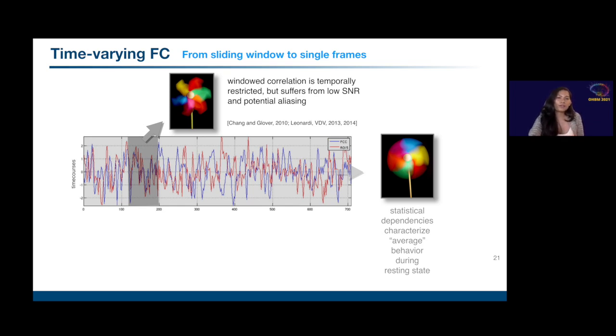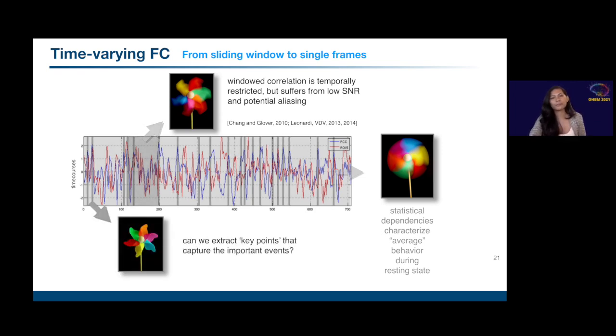However, this also suffers from low signal-to-noise ratio and potential aliasing, depending on the frequency present in the data and the window that we use. So what frame-wise analysis does is zoom in at the maximum resolution of the fMRI data, which is the frame-wise resolution, and consider only key points in the fMRI signals that are considered important.